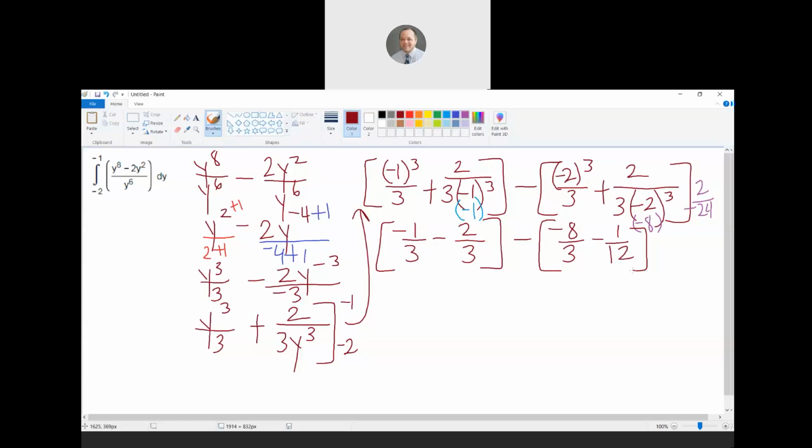Now, a few things we can do. Distribute that middle negative sign times everything in the second brackets. So we now have -1/3 minus 2/3 plus 8/3 plus 1/12.